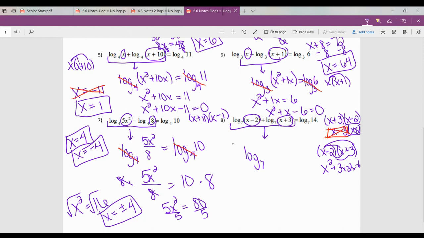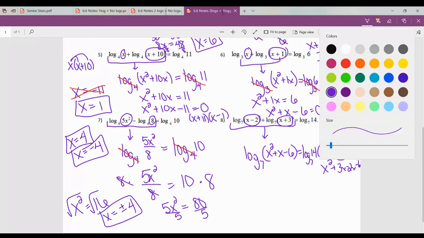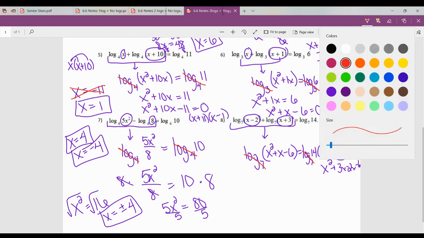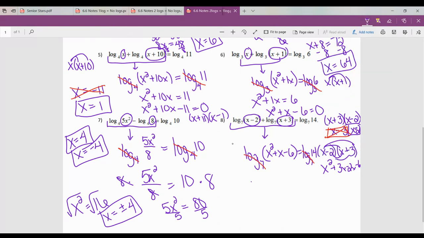So we've got x squared plus 1x minus 6 equals log base 7 of 14. And now I have 1 log on one side and 1 log on the other side. I cross those out and I get x squared plus x minus 6 equals 14.